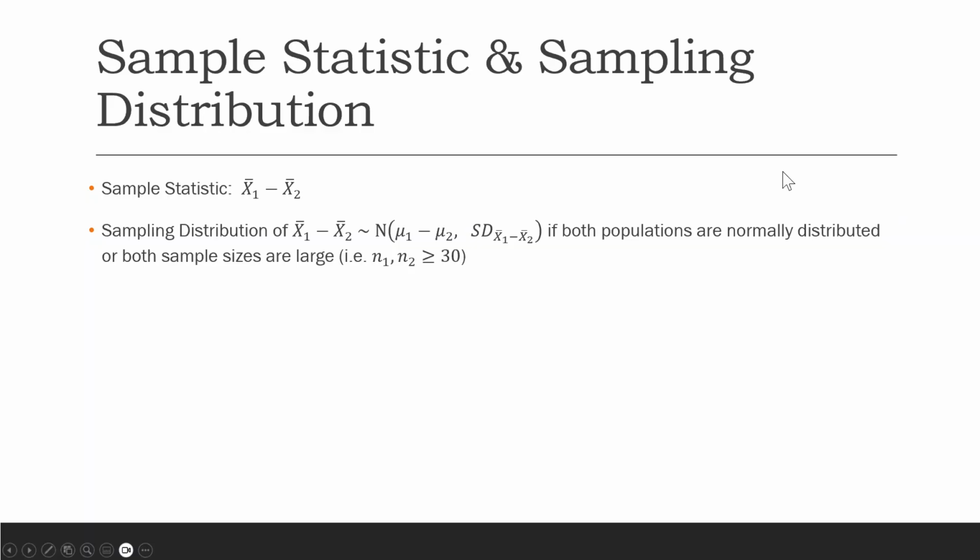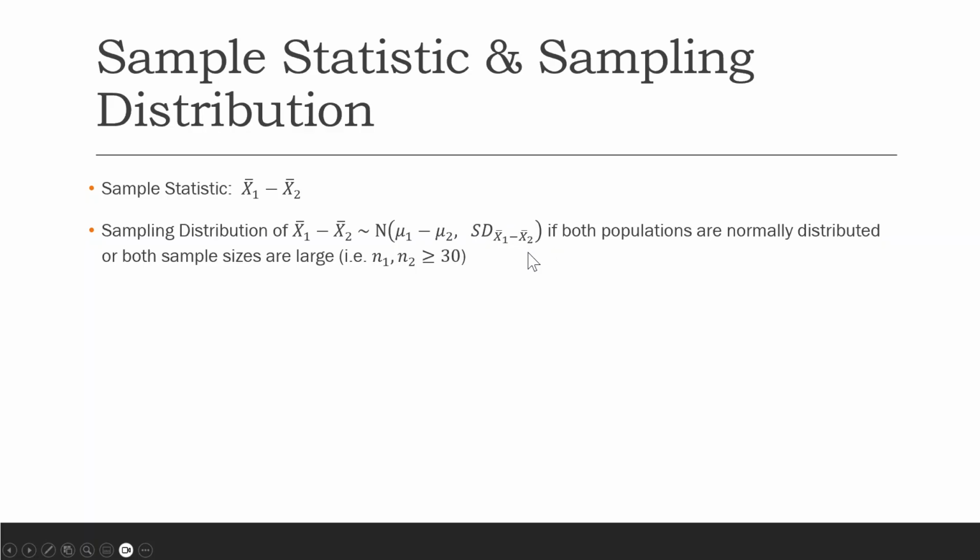It's going to have a mean that's centered at the difference in those population means, and the standard deviation of that sampling distribution is going to be given by this here, or estimated by this value here.